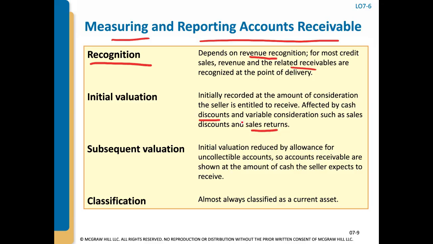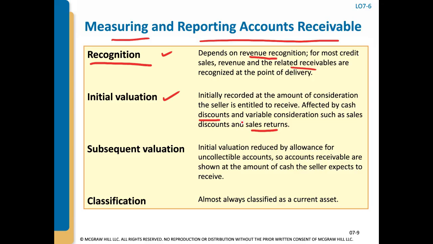Then the third step is a subsequent valuation. You have your accounts receivable after recognition and initial valuation, and you look at that accounts receivable balance and determine how much of that we think is going to actually be collectible.